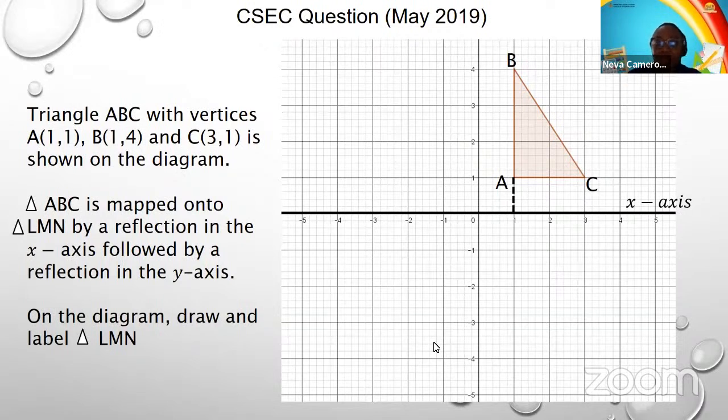I'm asking you, what can you tell me about the distance from A to the mirror line? And what should I do in terms of the image that will come up right after? Okay, so it's 1 unit away. So what are we expecting then?